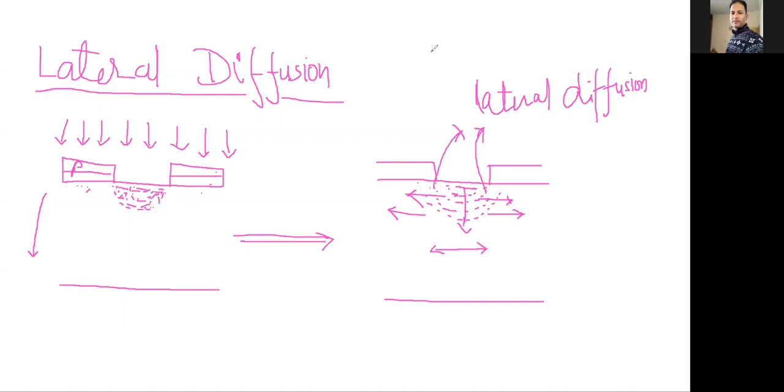So let's say that if we had drawn our source to be like this, the actual source will be something wider. Why is it wider? It is wider because of lateral diffusion. Let me draw it clearly.